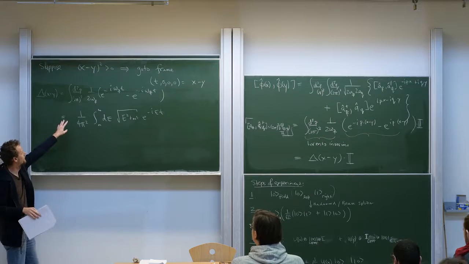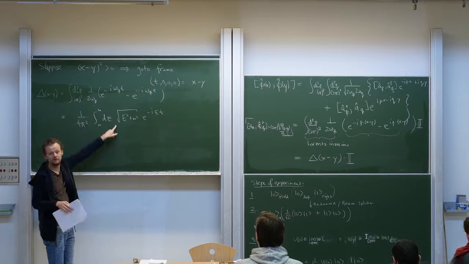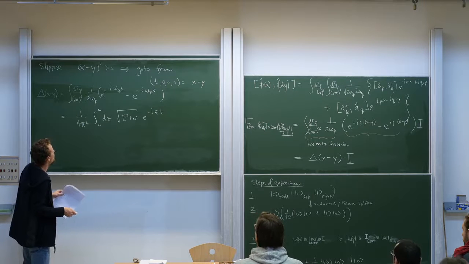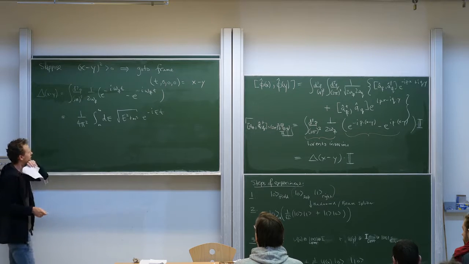Okay, there's a simple variable substitution you can do to get it to look like this. Just make E equals omega p and then you're done. Omega pt. And then we have to look at this integral and evaluate it.